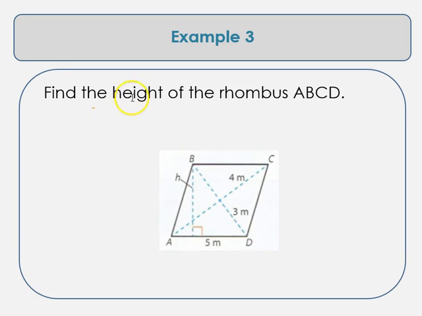Example 3, find the height of the rhombus ABCD. Let's look at this figure, and we have a rhombus. We have 2 diagonals drawn, and then we've dropped a height. So let's go ahead and fill in some missing lengths that we need here.